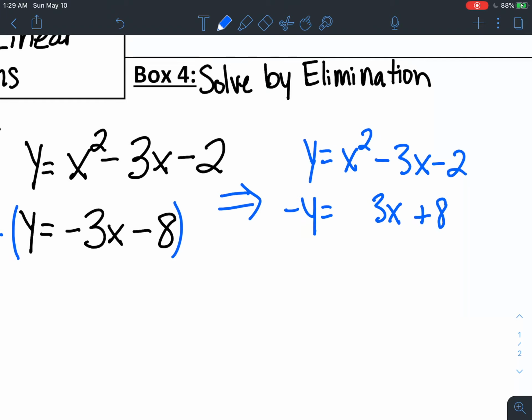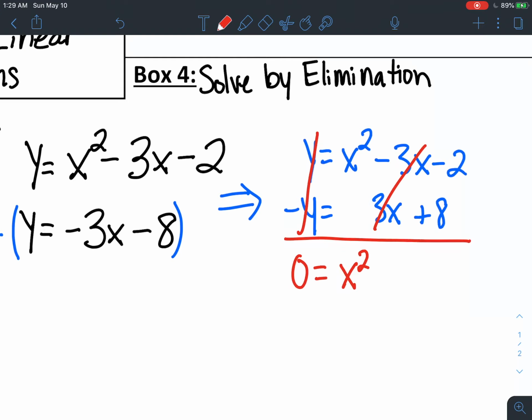Now you can see I kind of adjusted already, knowing what this next step is, and I kept my like terms stacked over top of each other. Because now that we have that, all we do is add up going down. My y and my negative y cancel out, they make just 0. X squared and nothing else collected together is just x squared.